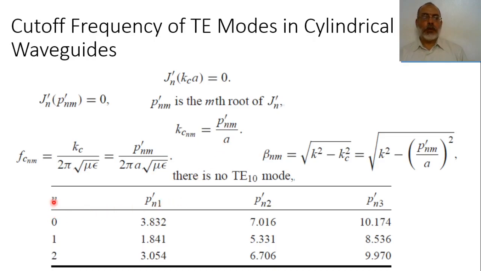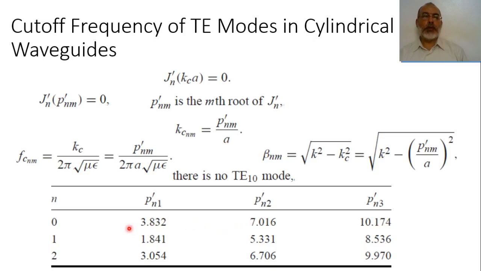If I'm talking about the mode n equals 0, the first root of the first derivative of the Bessel function J0 is 3.832. The second root is 7.016. The third root would be 10.174.